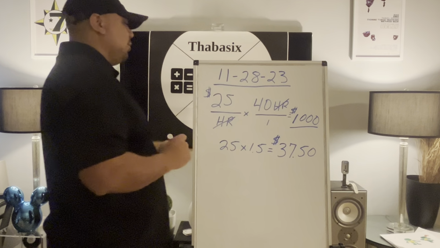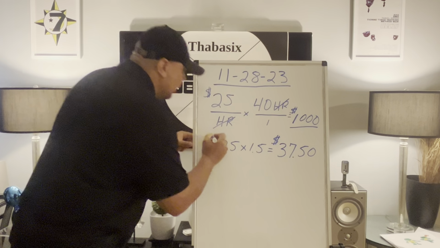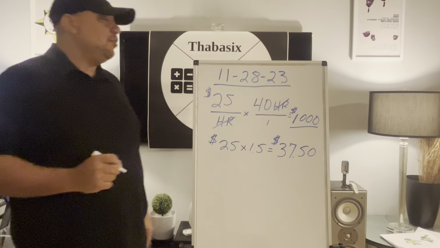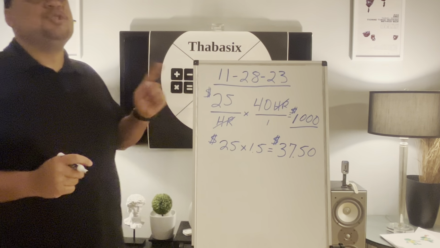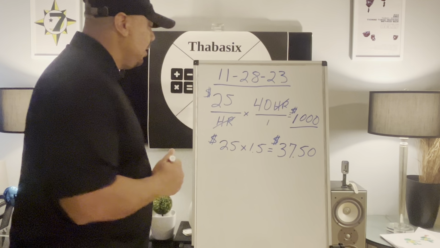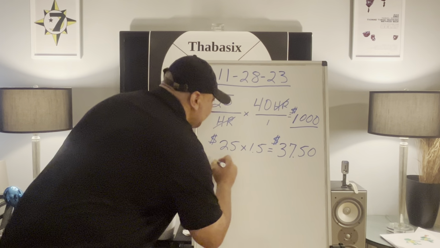So 25 dollars, don't forget your units, times 1.5 is $37.50, times 2.5 hours. You take the 37.50 and multiply that by 2.5.